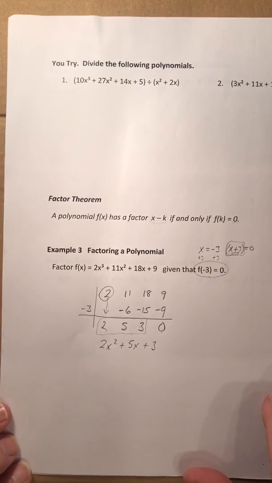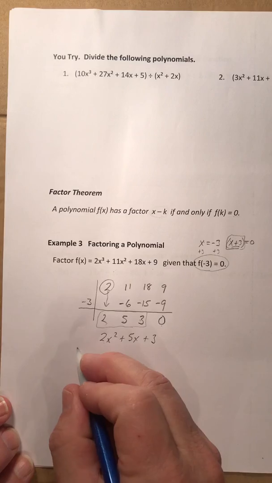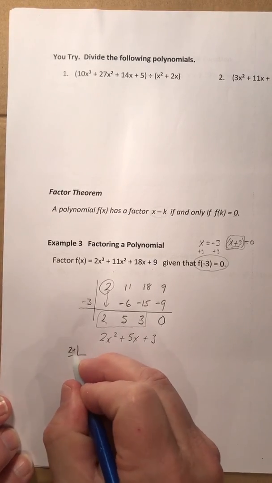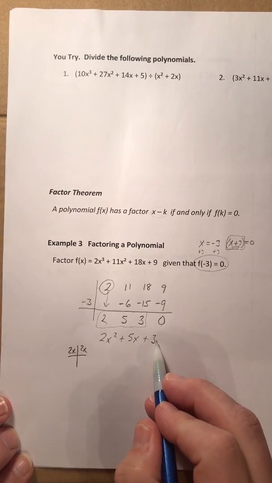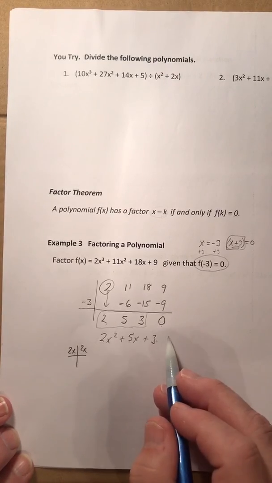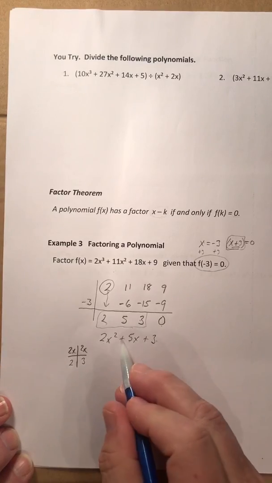Can we factor this? It's got a leading coefficient, so we'll do our box and put our 2x in the top of each side. Multiply 2 times 3, which gives us 6, and we want the factors of 6 that add up to 5. That is 2 and 3. The signs are both plus.